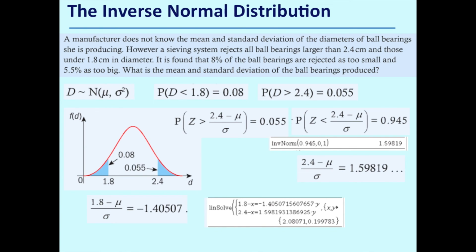So you can see that we've generated two expressions here: 1.8 minus mu over sigma equals negative 1.41, and similarly 2.4 minus mu over sigma equals 1.59. Two expressions with two unknowns we can solve using simultaneous equations to give us a mean of 2.08 and a standard deviation of 0.2.